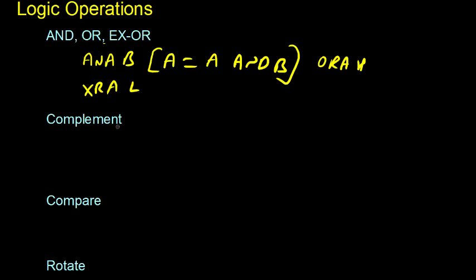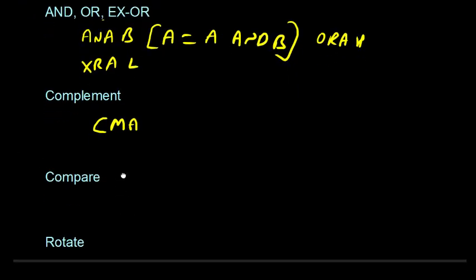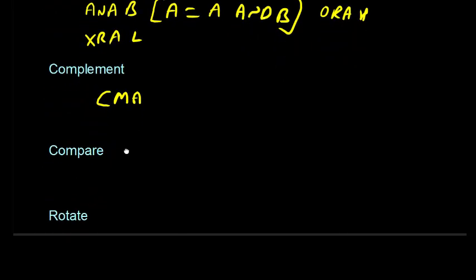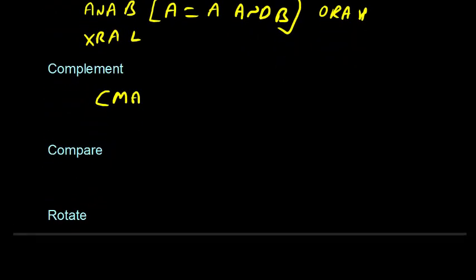Then next is complement. We just have one instruction for complement, that is CMA. CMA means complement the contents of register A, that is the accumulator. So this is only for register A, not for any other register. Then compare is a logic operation which compares the contents of register A with any other register, or it can also compare with some data that we'll see afterwards.